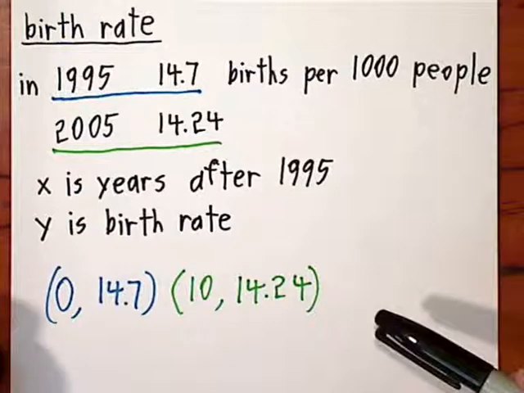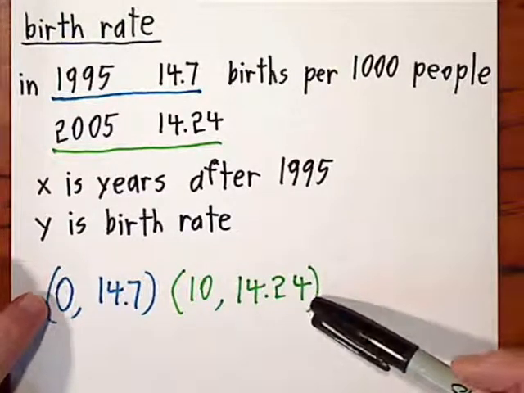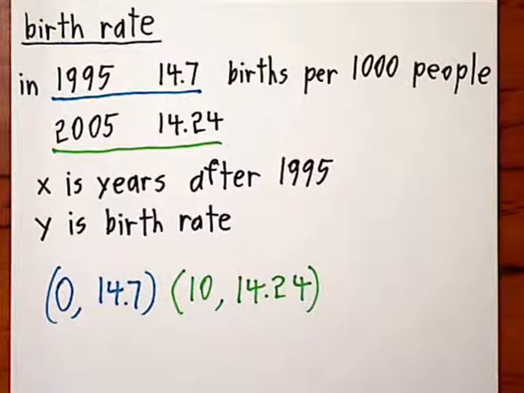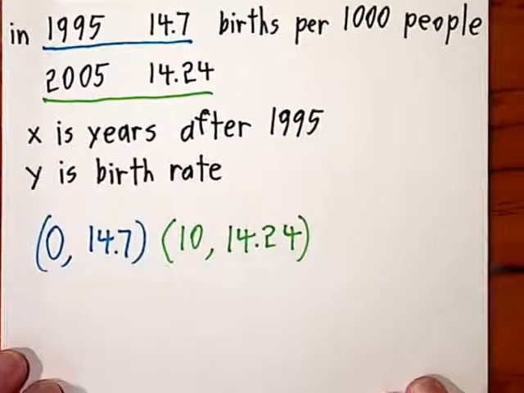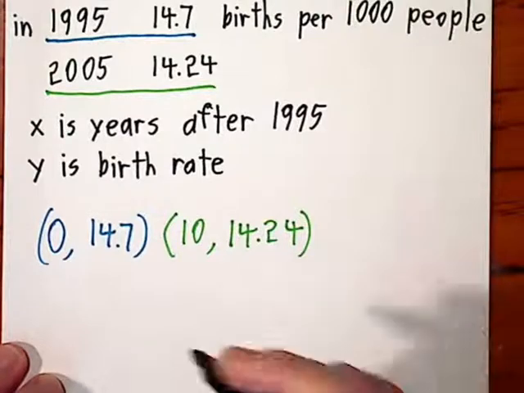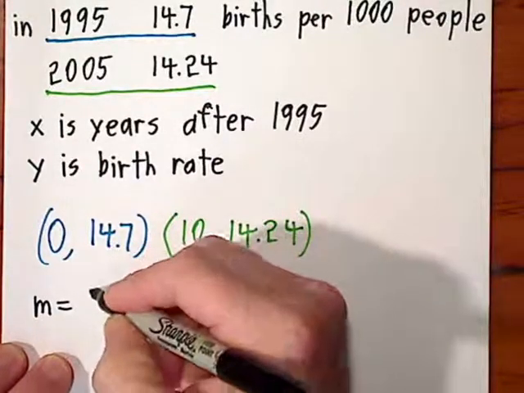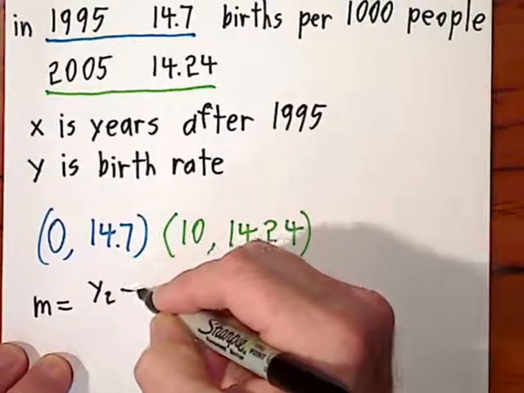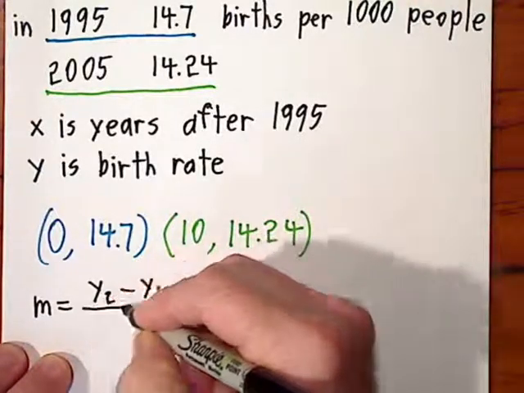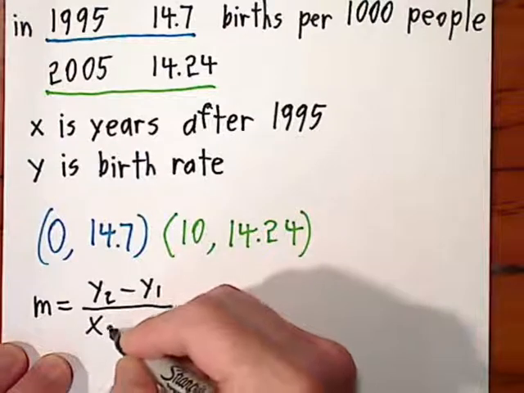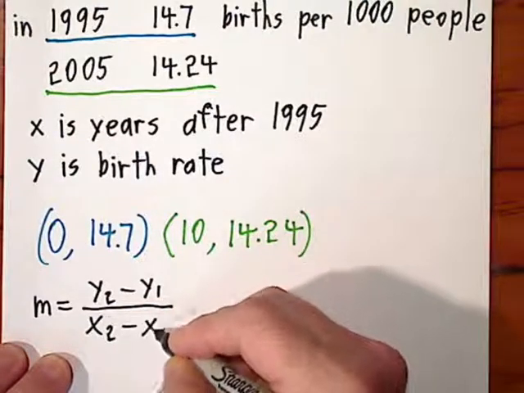First, we'll need to find the slope. That's the relationship between these two points. Remember your formula for slope: m equals y2 minus y1 over x2 minus x1.